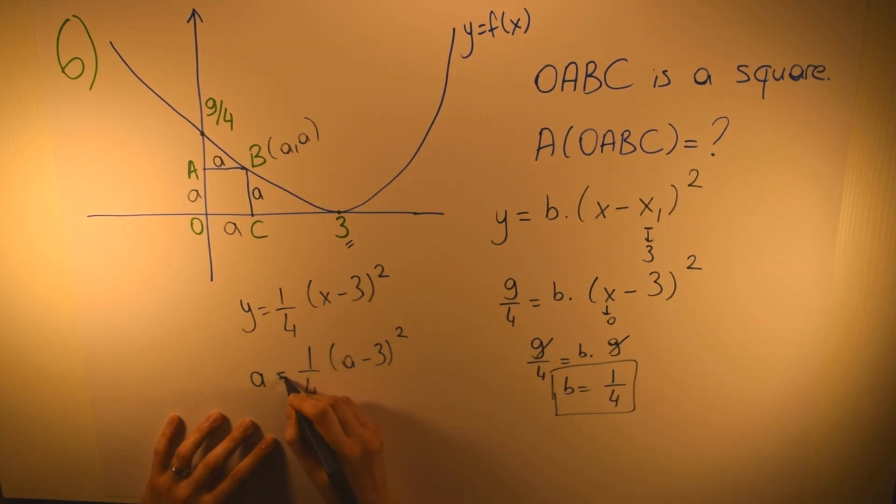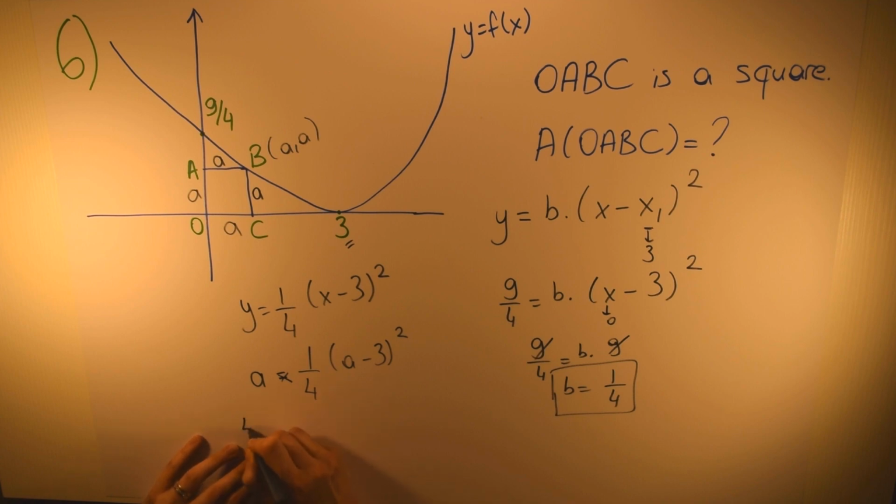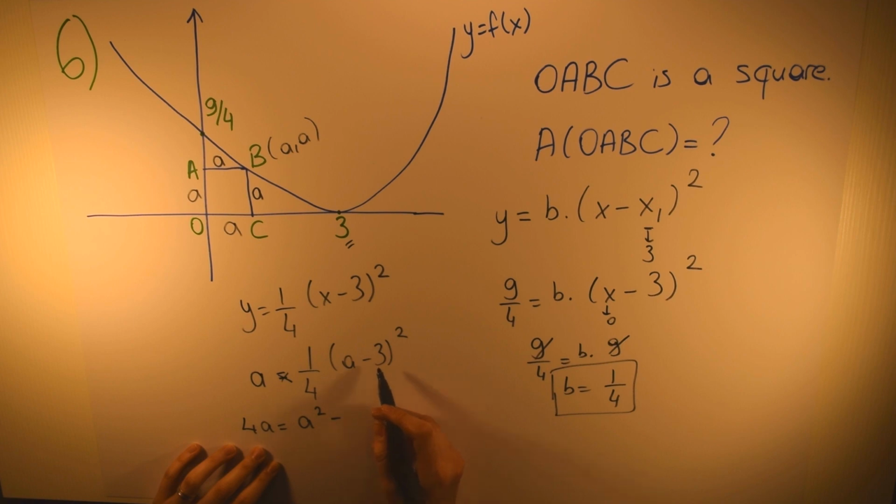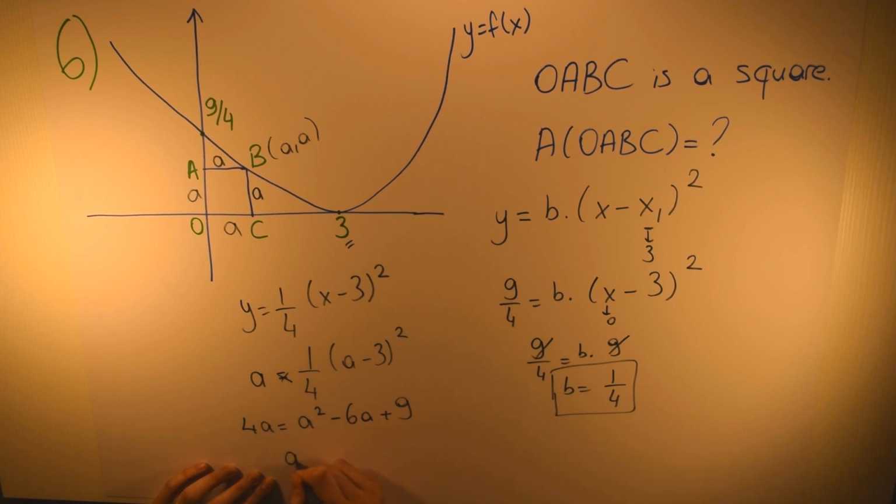So from here let's do cross multiplication. 4a is equal to a squared minus 6a plus 9, and then we have here a squared.